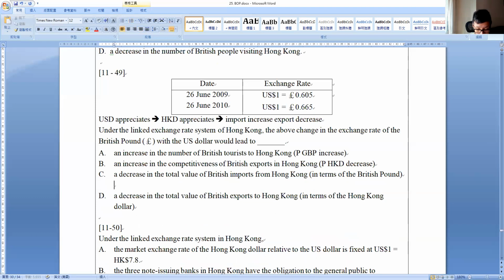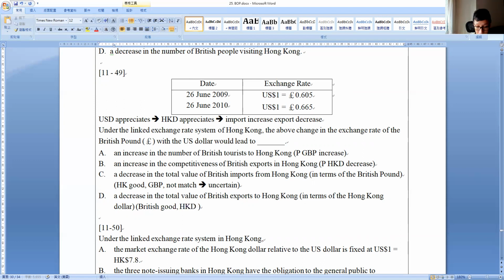From Hong Kong, meaning this is a Hong Kong good, but priced in British pound. So, not match. When it doesn't match, it means it will be uncertain unless you know anything about the elasticity. The same here. Next one, British export to Hong Kong, meaning we are talking about some British good.